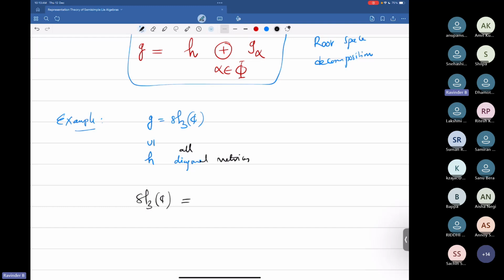I know I can write it as all diagonal matrices, then there are some upper triangular matrices.